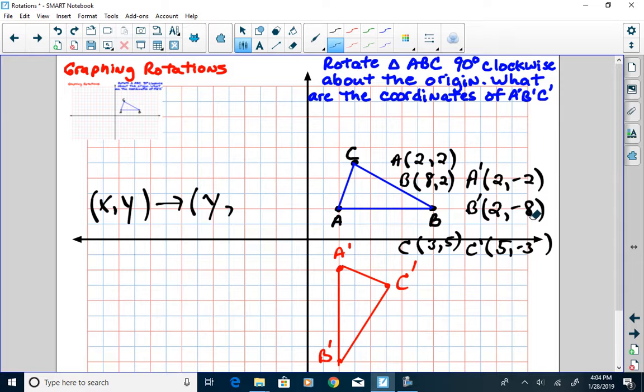Our image y value is the opposite of 8. Our pre-image x value is 3. Our image y value is the opposite of 3. So it would be the opposite of x. So that's the rule that we would use for a 90 degrees clockwise rotation. Right, clockwise rotation.